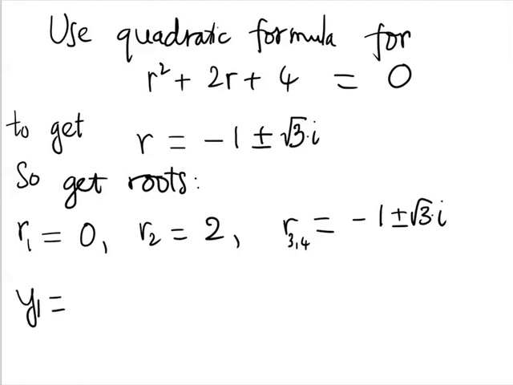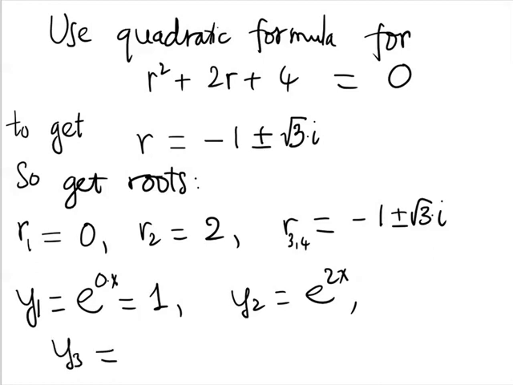Because of this, we get y1 is e to the 0x, which is just 1. y2 is e to the 2x. Because of the complex roots, y3 and y4 have trigonometric functions in them.